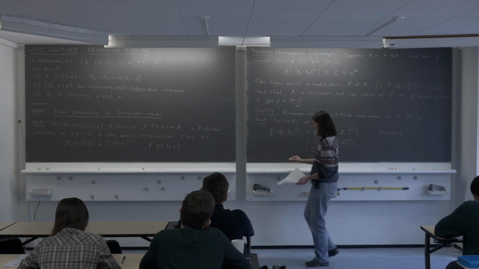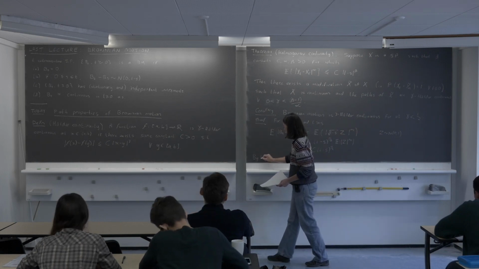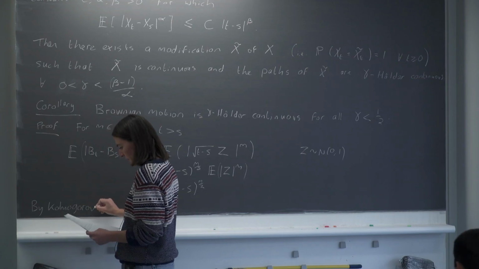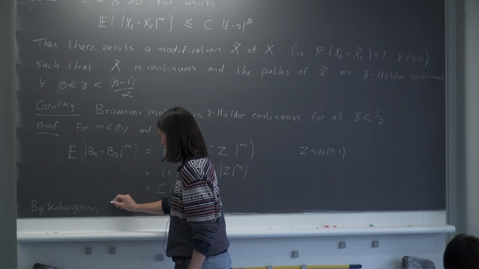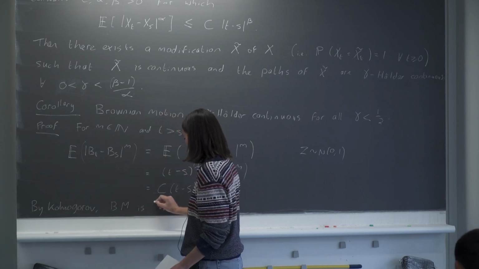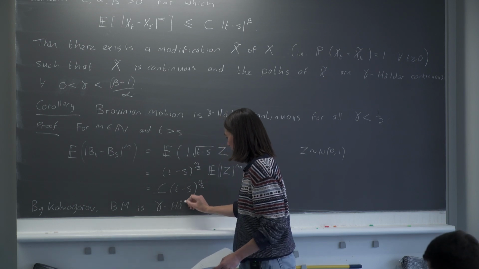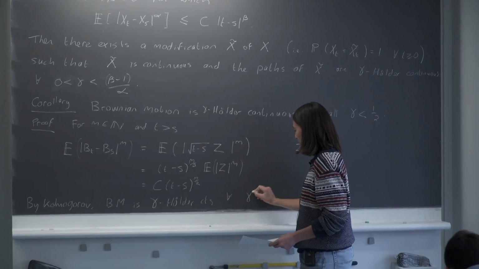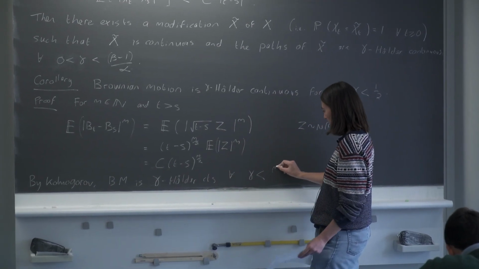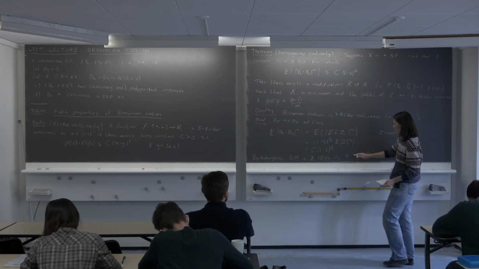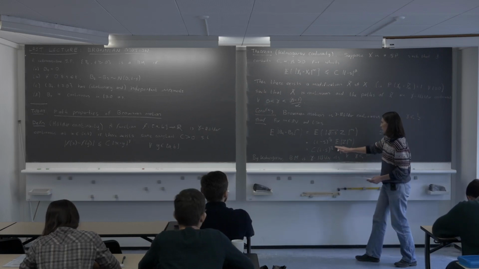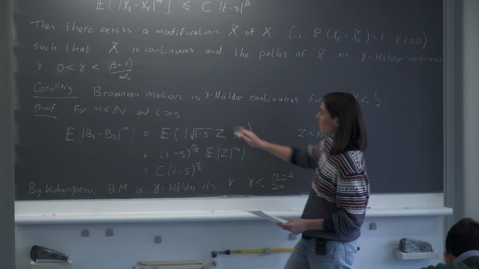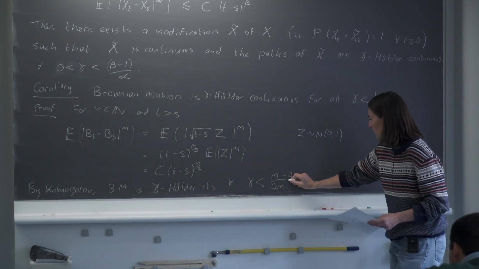And so straight away we know that by Kolmogorov, we have that Brownian motion is gamma Holder continuous for all gamma less than, well, if we do m over 2 divided by m, we get m over 2m, and the minus 1 over 2m becomes a minus 2.